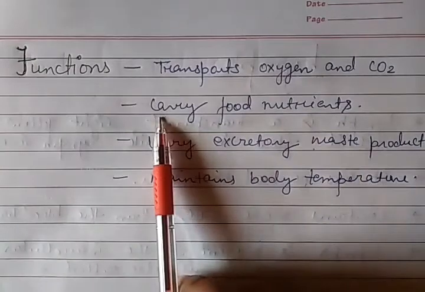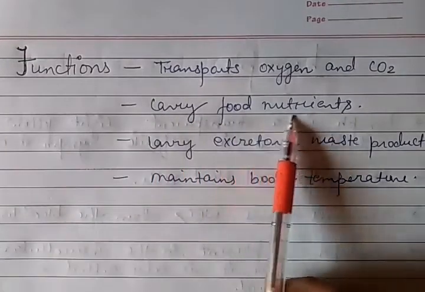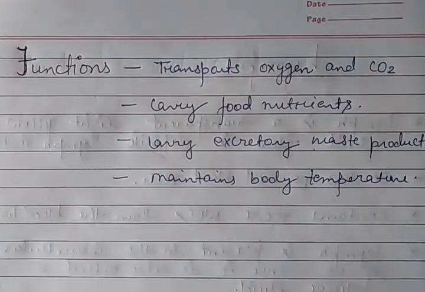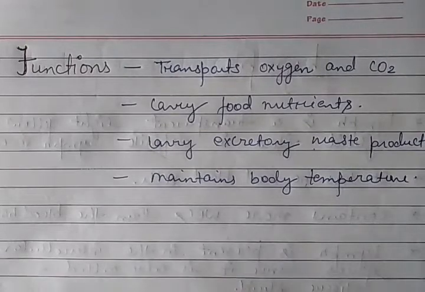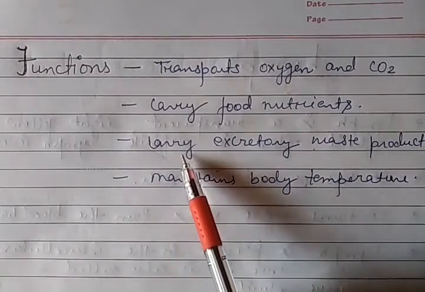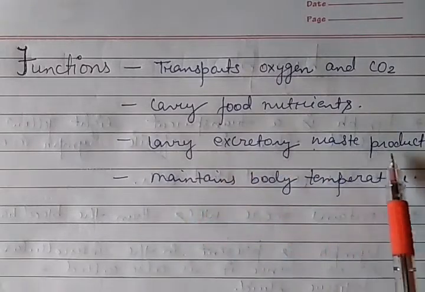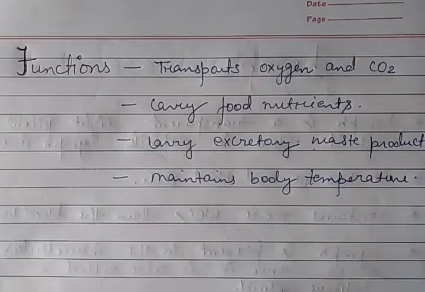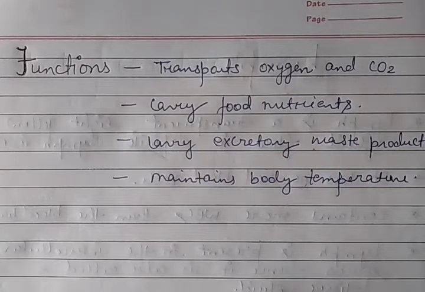Now the blood carries food nutrients. Whatever food is digested in our digestive system is converted into nutrients, and those nutrients are transported with the help of the blood into the whole body. Now the blood carries excretory waste products to the kidney for removal.